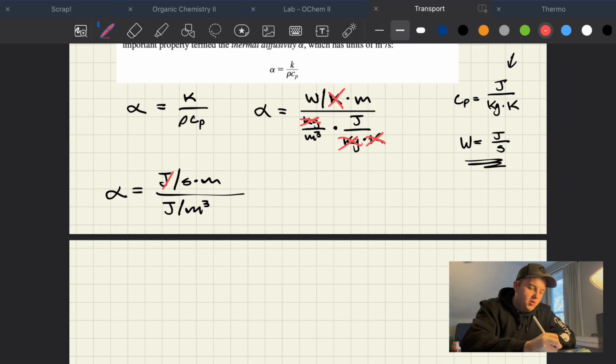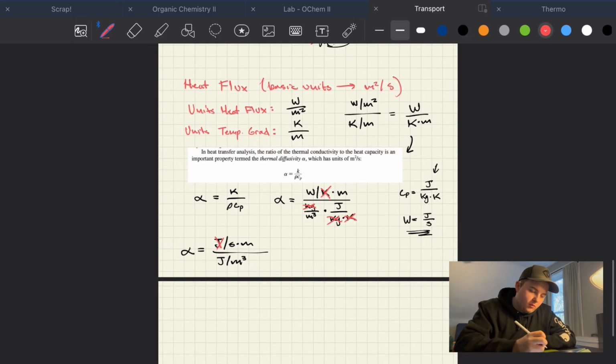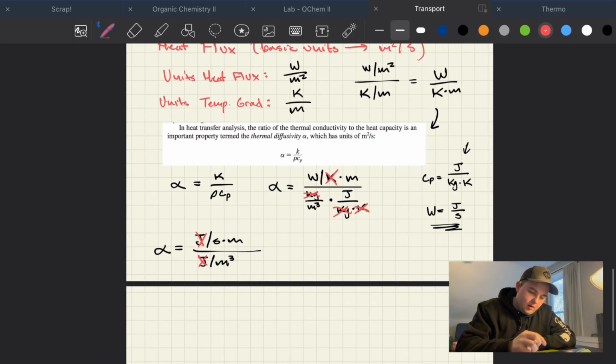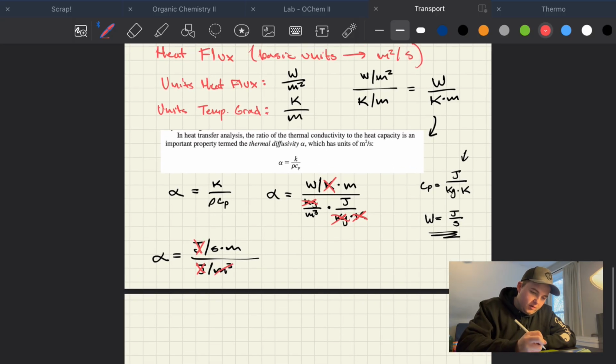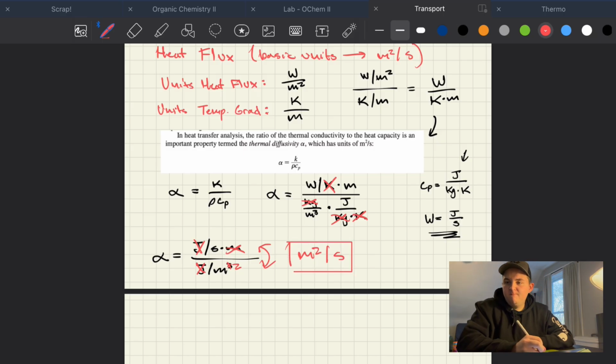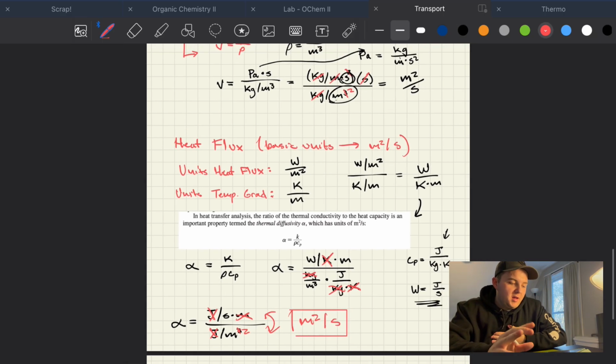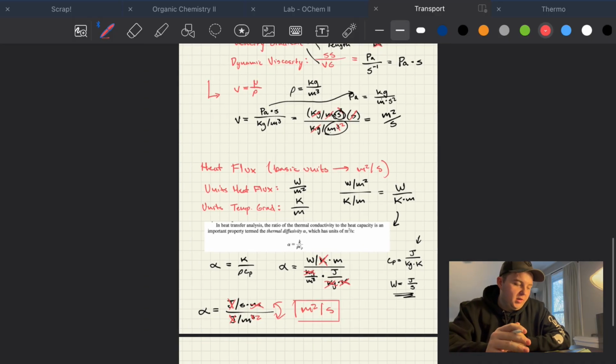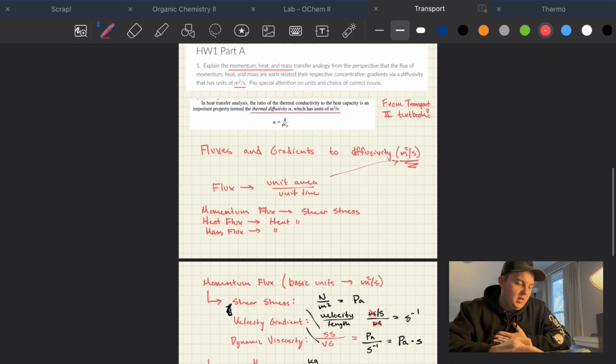And then these joules will cancel, and one of these meters will cancel. Let's do this, two meters canceled, and then since these are both in the denominator, they'll flip. So we'll get meters squared per second, which is what we're trying to find, which is the thermal diffusivity. So that's the second part done, where we're trying to relate heat flux to thermal diffusivity.